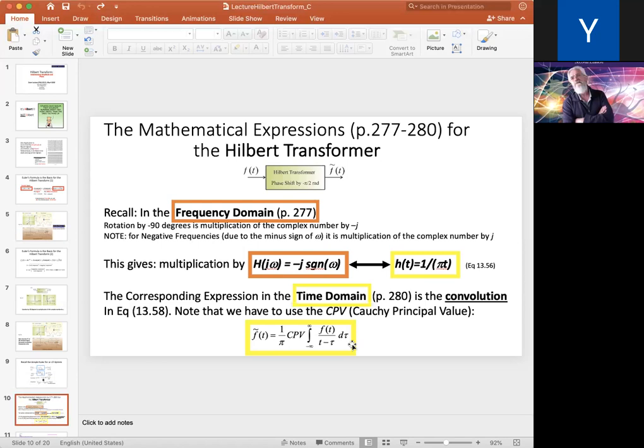Now there is a bit of an awkward situation in this integral, and that is that for t equal to tau, this thing goes to infinity. So in other words, there is a pole within the integration limits. That is exactly the reason we have the so-called Cauchy principal value operation, the CPV, because that's a little mathematical trick to get around the integration with a pole in its domain.